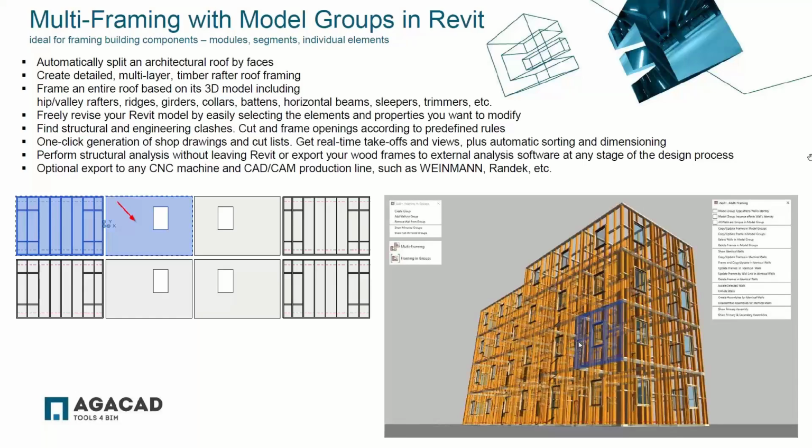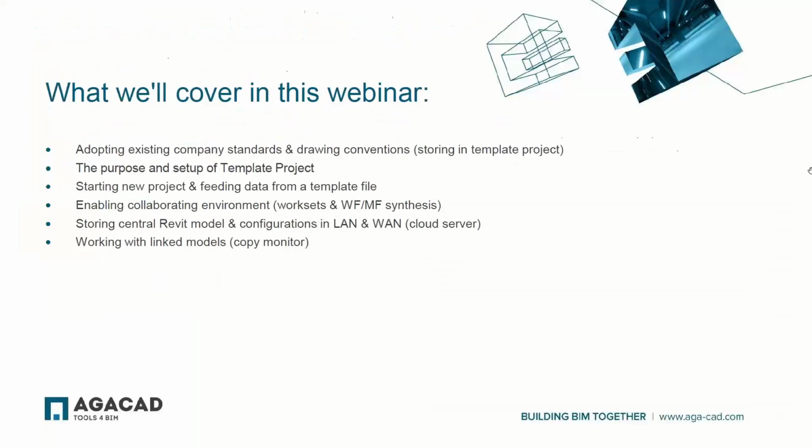Multi-framing is available with Wall Plus, Floor Plus, and Roof Plus. Framing in groups is only available for Wall Plus at the moment, and it deals with mirrored projects. Sometimes components of a building are mirrored, and this functionality allows you to work way faster.